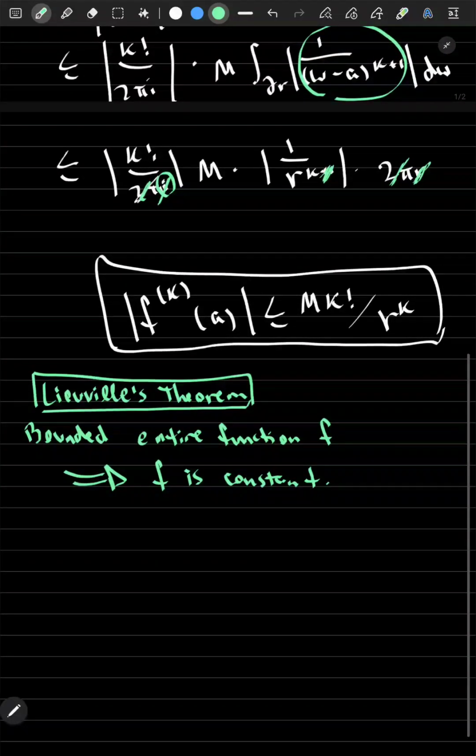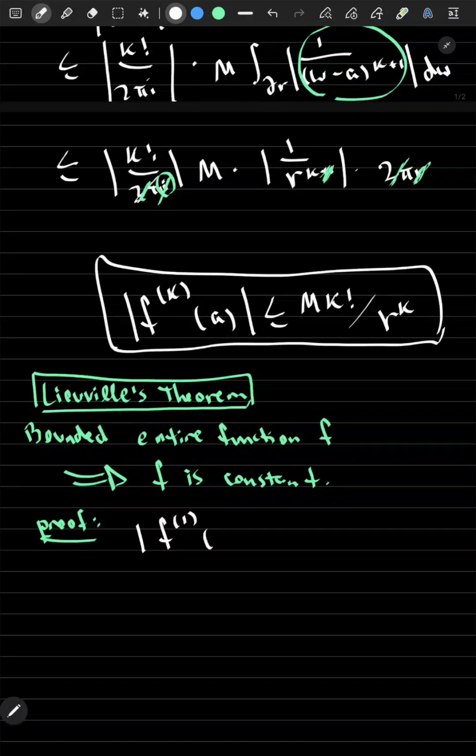Okay, and the proof of this is just a simple application of this Cauchy estimate because all we need to do is show that the derivative of f is 0 everywhere. The derivative of f is just taking k equals 1 in that estimate, so I have 1 here.